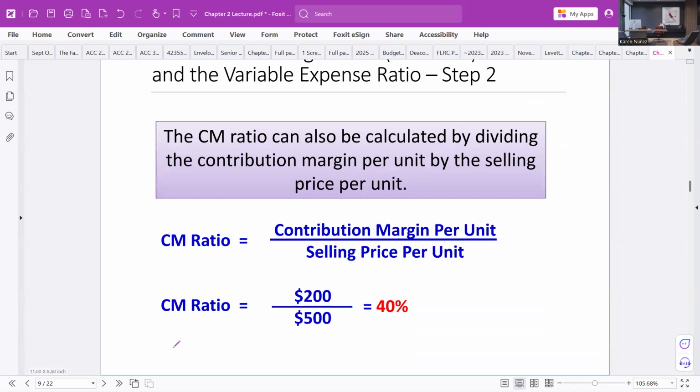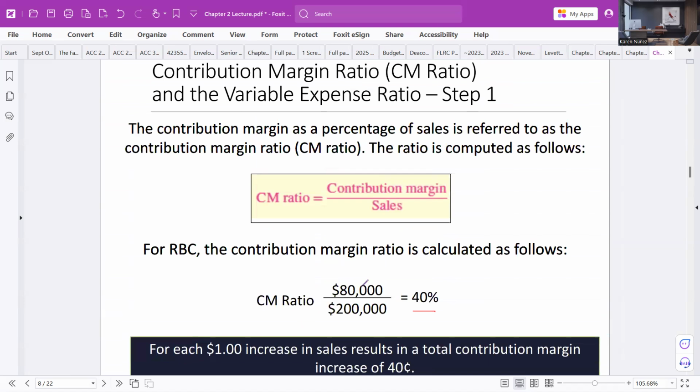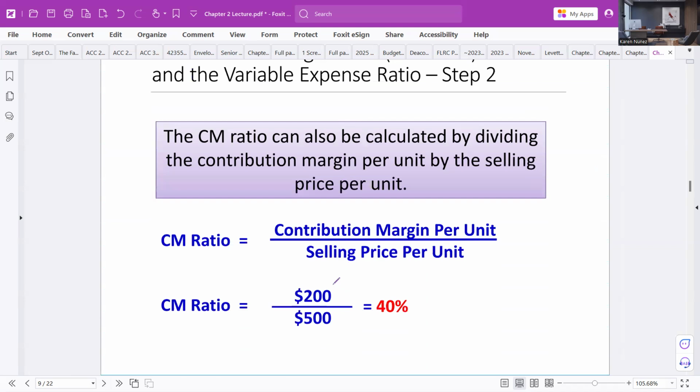So we can use total dollars, 80,000 over 200,000, or we could use the per unit dollars, like I did earlier, $200 over $500. It doesn't matter. You're still going to get a contribution margin ratio of 40%. Every time you have another dollar increase in your sales, you're going to see a 40-cent increase in your contribution margin.